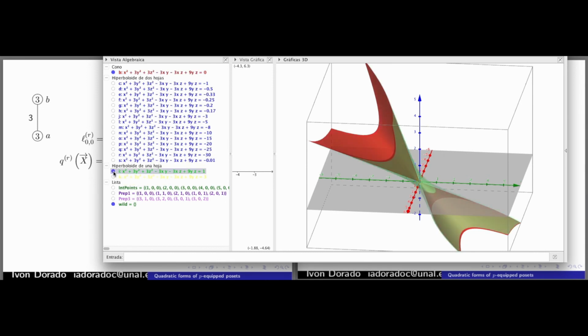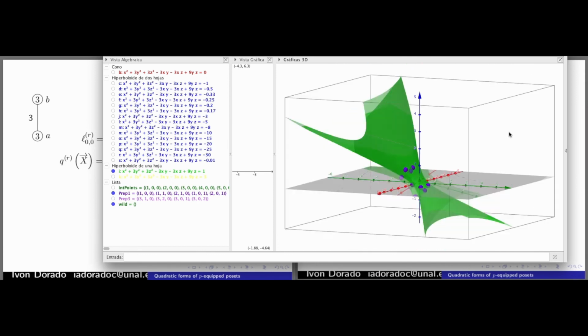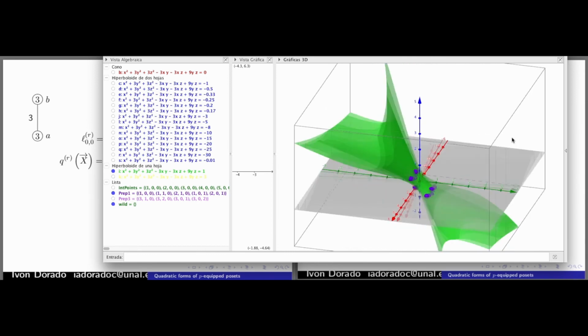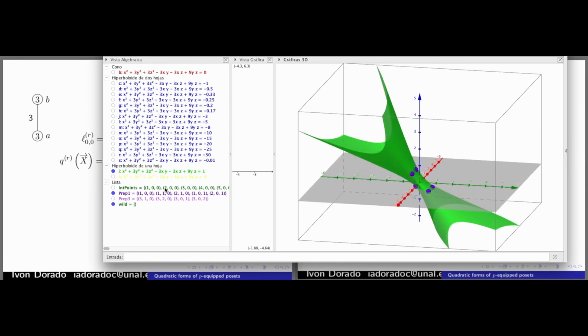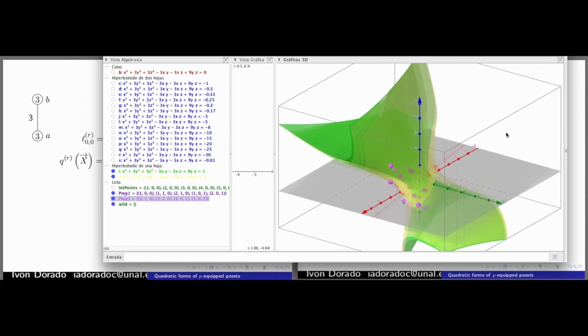This is the quadratic form equal to 1, this hyperboloid, and we choose the points with natural coordinates on its surface, and here we can see all of them. And this is the quadratic form equal to 3 with the natural coordinates on it.